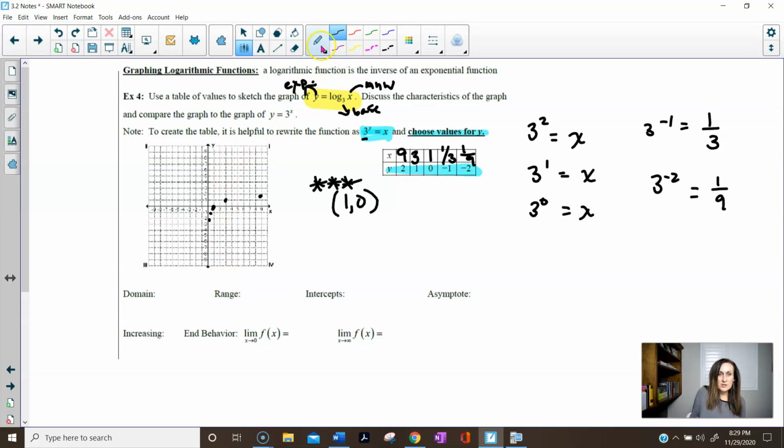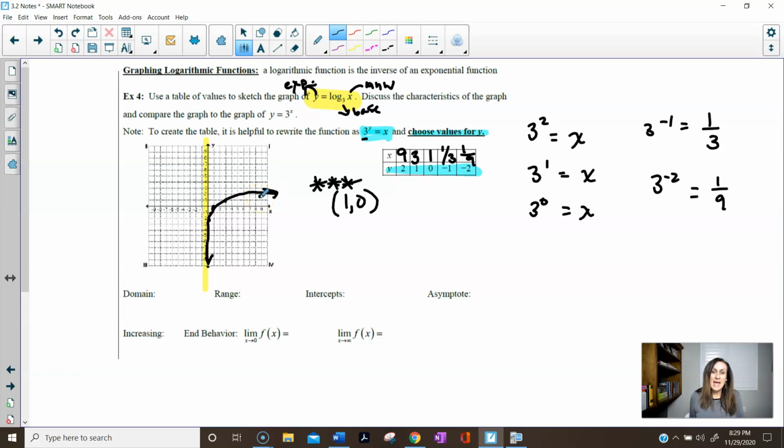And so what you're going to see is a vertical asymptote right here at x equals 0. So you're not going to cross that vertical asymptote. So this graph on your calculator is going to look like it stops, but it doesn't. It just gets really, really close to the asymptote.